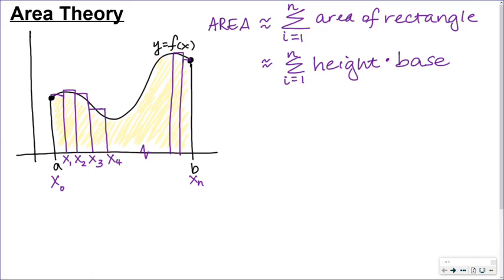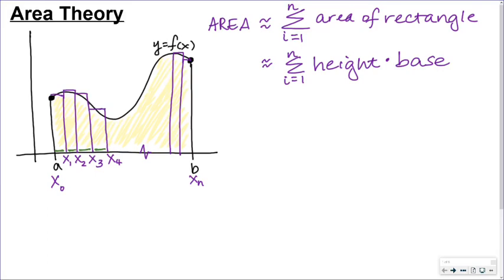So let's see if we can explain how we come to the formula for the integral, how that formula becomes the integral. Let's assume that we've divided our area into n rectangles, and let's say these are equal subintervals. So this distance here in my picture is the same for each rectangle.